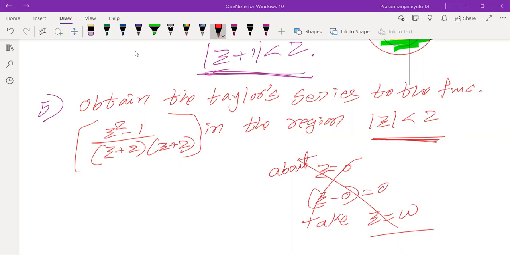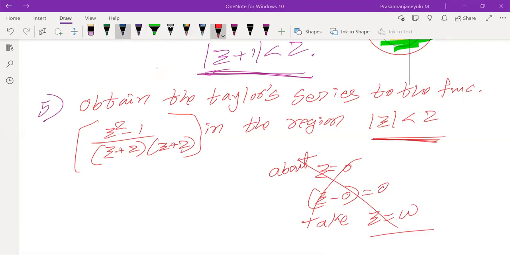First of all, we have to find the partial fractions. How can we find the partial fractions here? What is the highest power of z in the numerator? 2. What is the highest power of z in the denominator? Also 2. Then what to do? For getting the partial fractions, take the denominator and simplify it. Sorry, I made a mistake here.